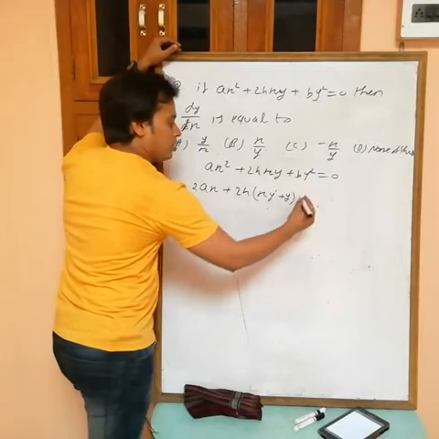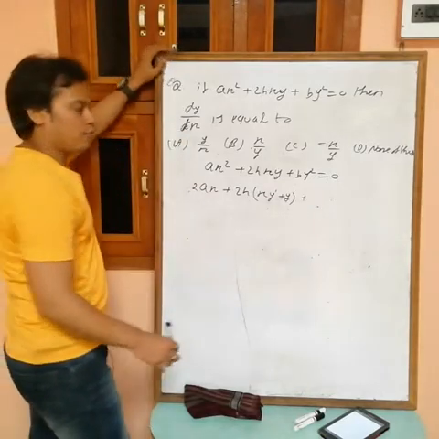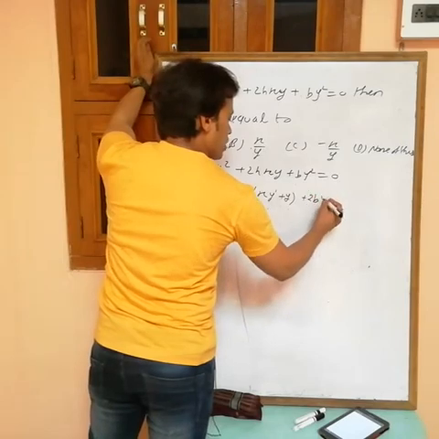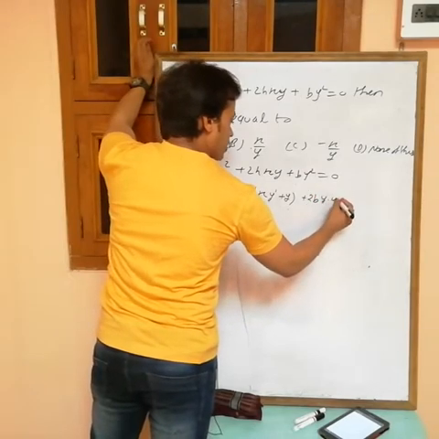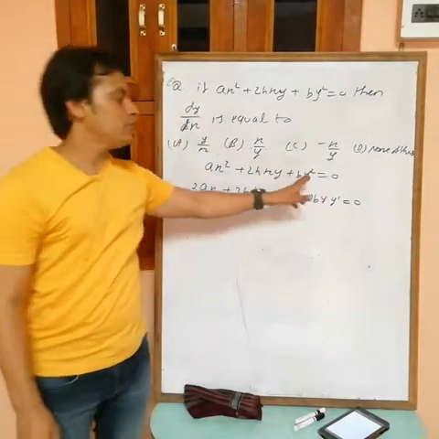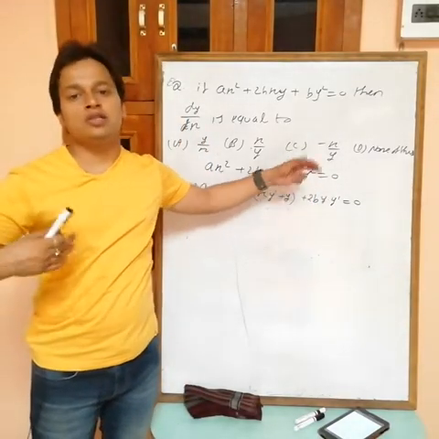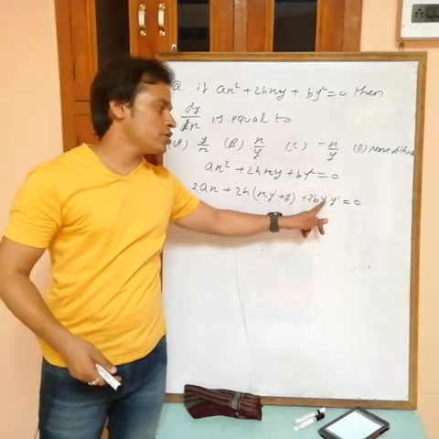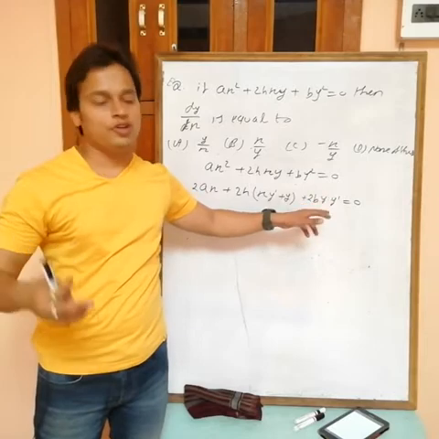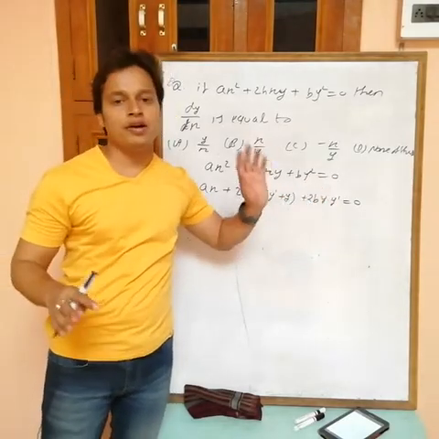Now plus by square, b constant, differentiation of y square is first 2y, then the derivative of y again is y dash, equals 0. Because in this one I am assuming y as x, then this is like x square, and the differentiation of x square is 2x. In place of x I am putting y, then we have to differentiate y, so the derivative of y is y dash.